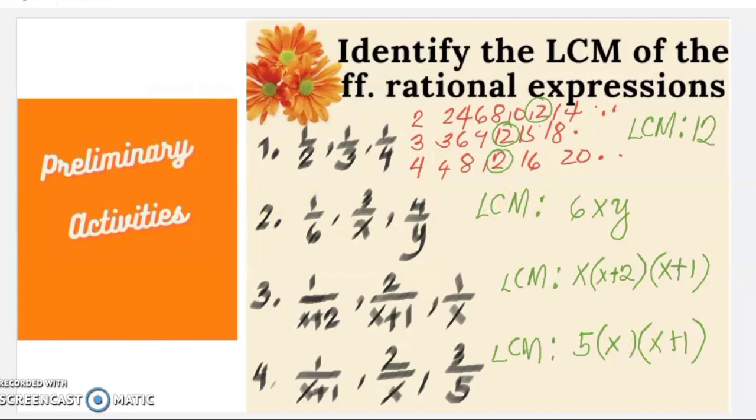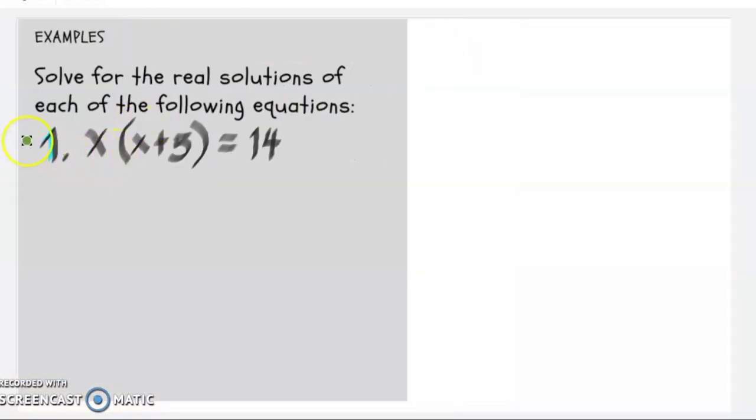So, let's begin our lesson about solving equations transformable into quadratic equations with some examples. For number 1, we are going to solve for the real solutions of each of the following equations. Number 1, we have x times the quantity x plus 5 equals 14.